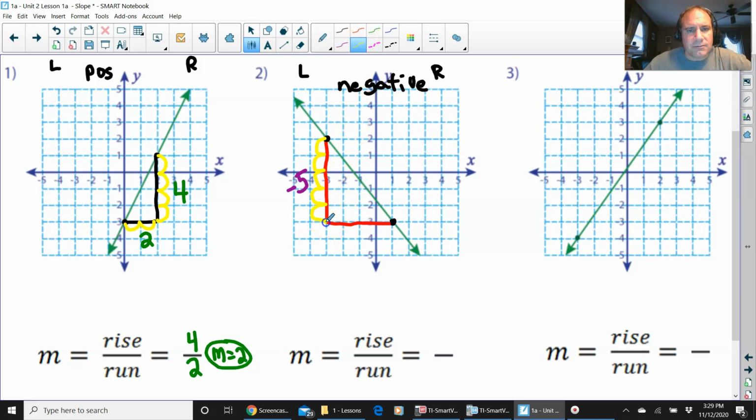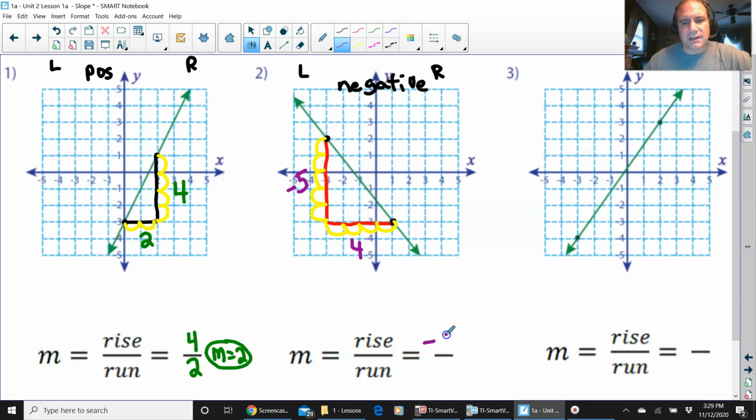Then I'm going to go 1, 2, 3, 4. Because I went right, I am going to say that that is a positive 6. Sorry. Positive 6. Nice.